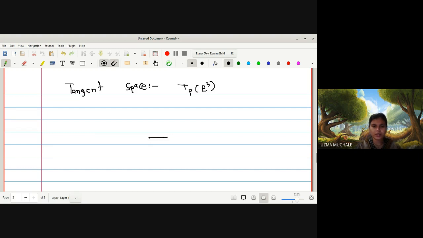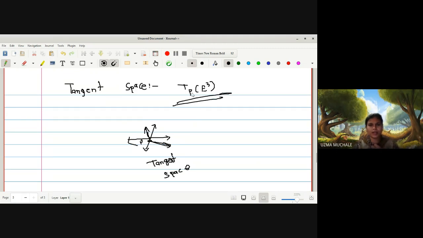All the tangent vectors which start at a point P, we can call this collection a tangent space at point P. So that's why it is called TP of E3. T is a notation for tangent, P is a notation for the point of application.